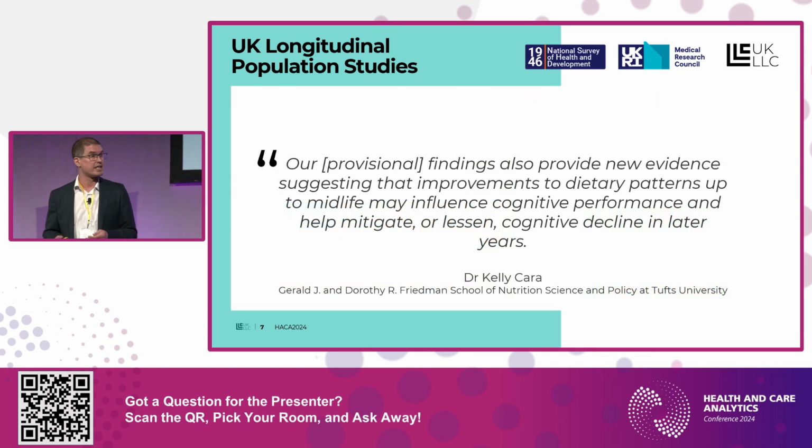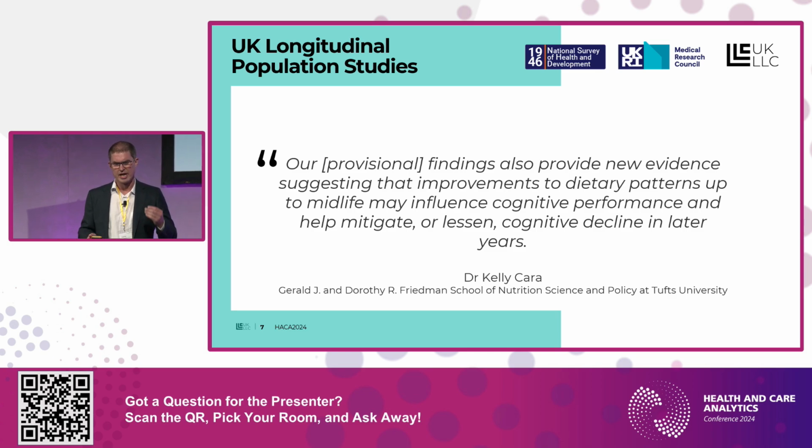What this particular study has done is it's looked at early dietary assessment up to midlife and looked at the association between those and later cognitive status in older age, and found that this early diet has a substantial association with these cognitive outcomes.